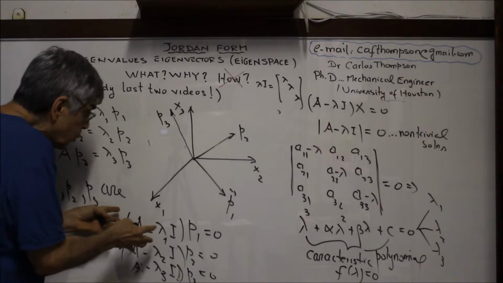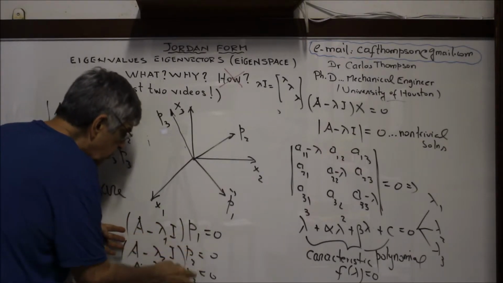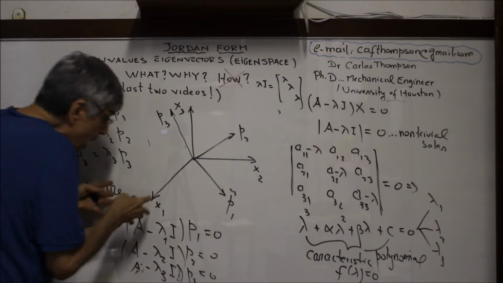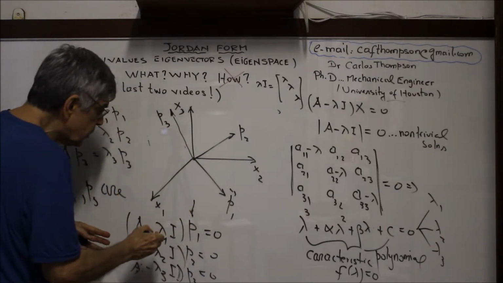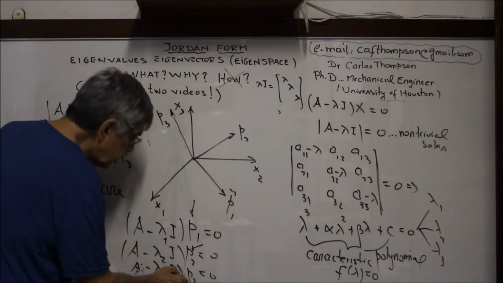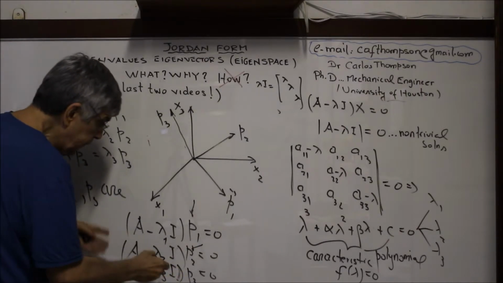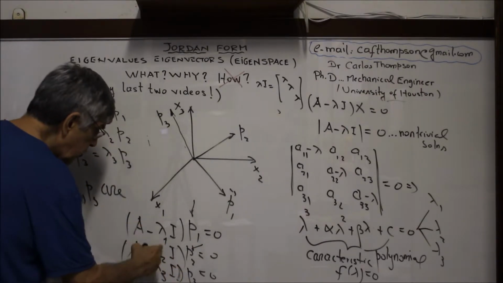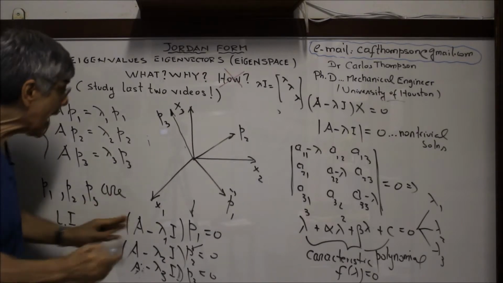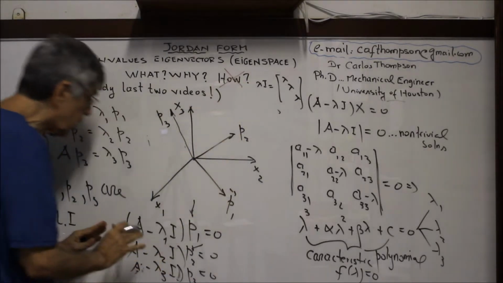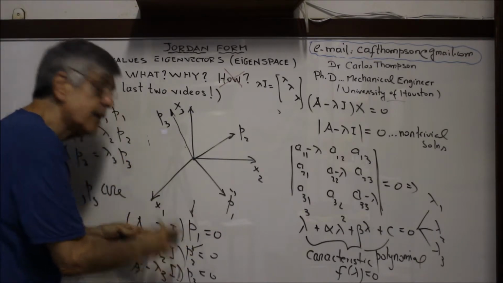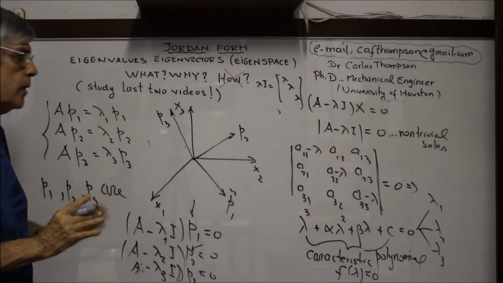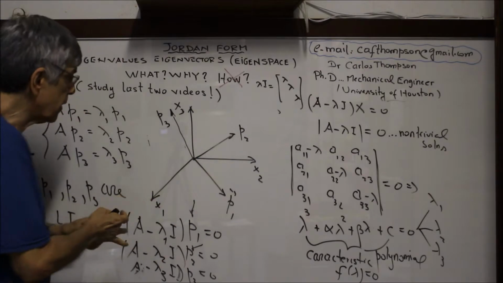So, if I want to calculate P1, P2, and P3, I have to solve this homogeneous equation, this homogeneous, and this homogeneous equation, because I already know lambda 1, lambda 2, and lambda 3. But I don't want to calculate them. I know that they exist.